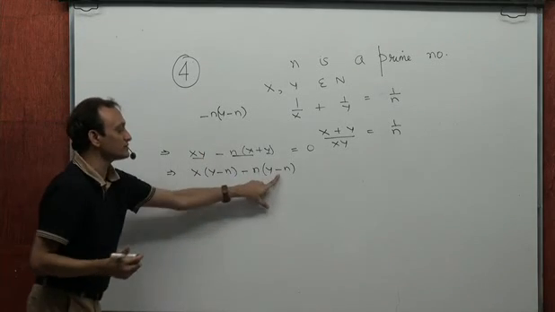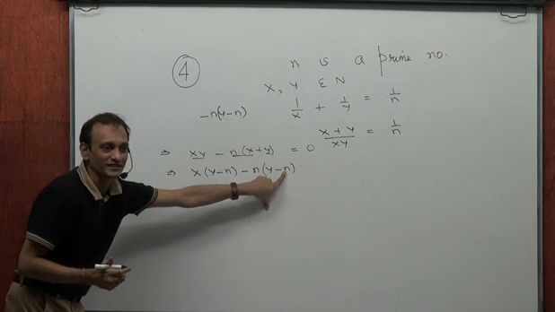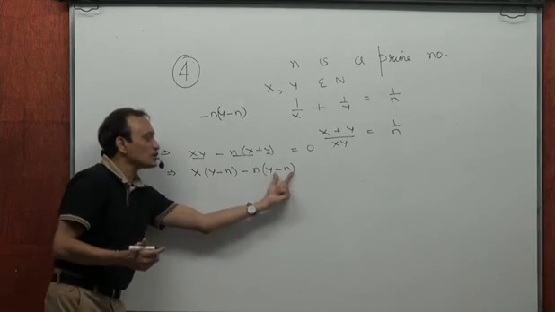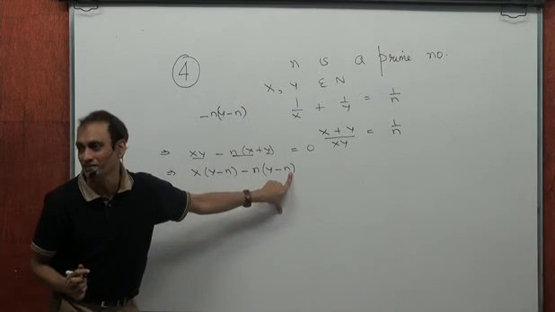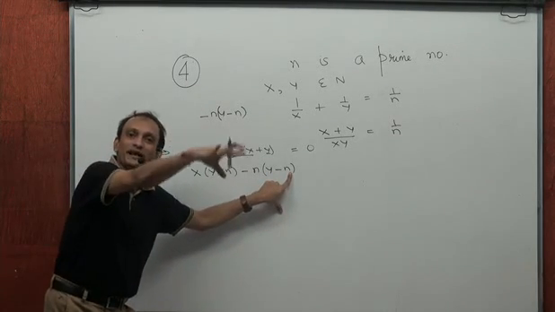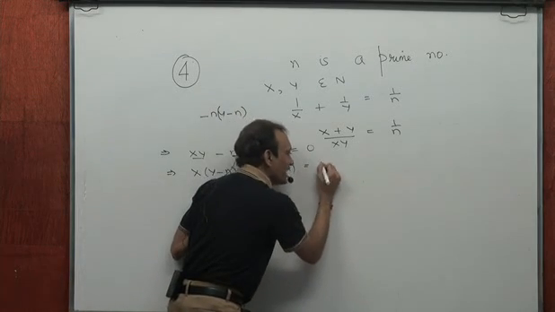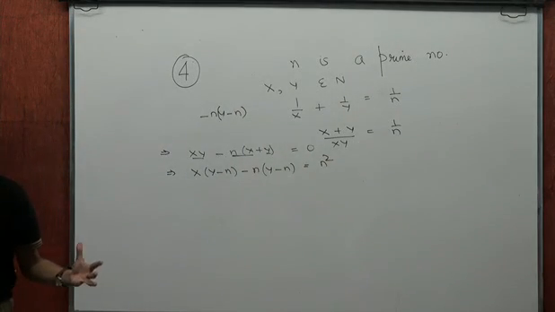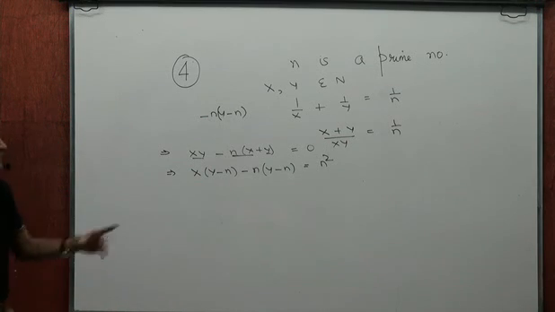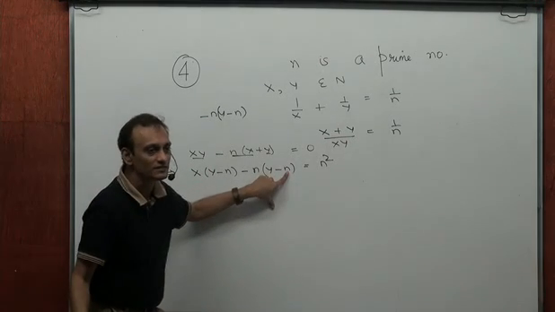I force this n squared therefore on the left hand side. To bring about a y minus n common to the two terms, I forced an n squared to the left hand side, and therefore let me remedy it by placing an n squared on the right hand side to make it look even Steven. There was never an n squared on the left hand side.